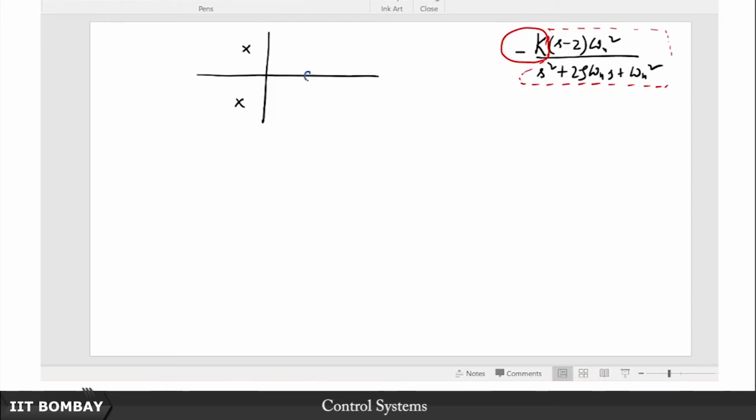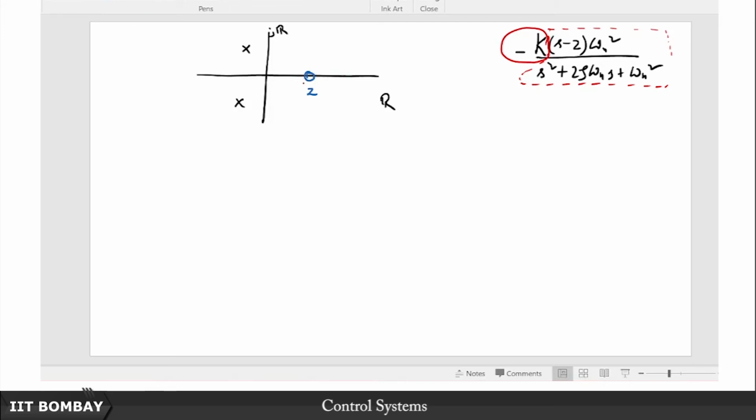So let's see, suppose you have a 0 added, this is the z, on the right half plane. So how does the root locus change? Now notice, if you have an even number of poles plus zeros to the right of a point on the real axis, then the root locus exists at such points.